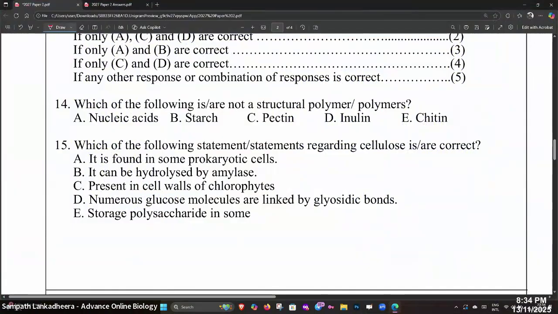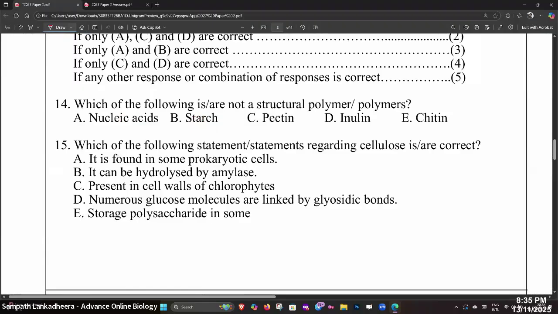Nucleic acid is not structural, starch is not structural.